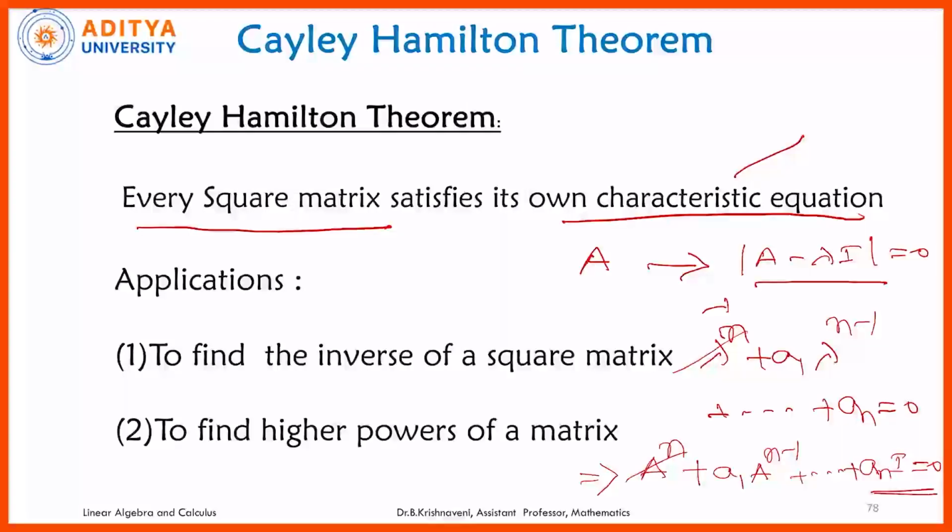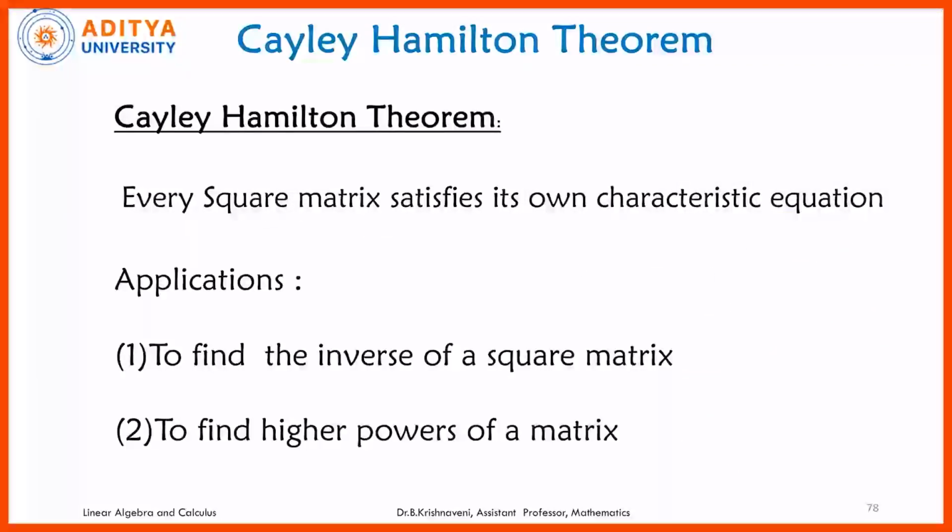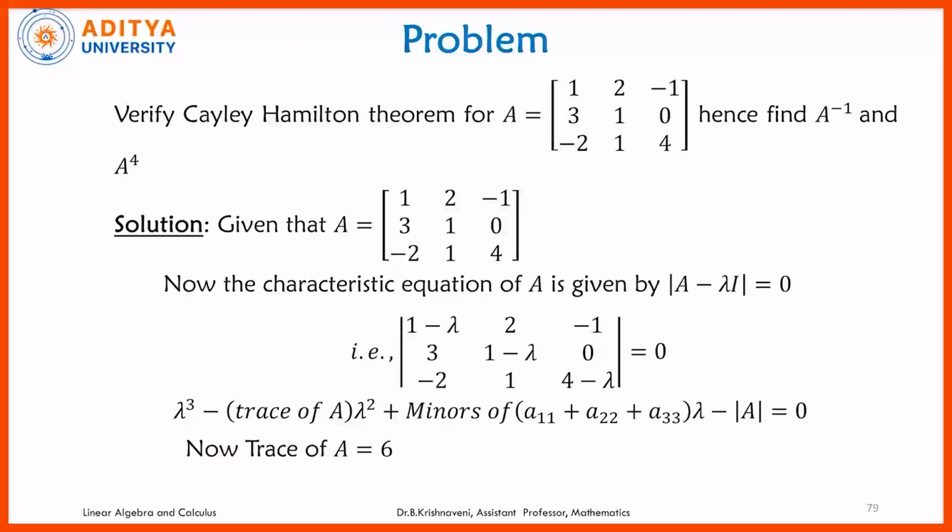Now what are the applications of this? You can find the inverse of a square matrix easily by using the Cayley-Hamilton theorem, as well as higher powers of the matrix. Now let us illustrate this with this question.